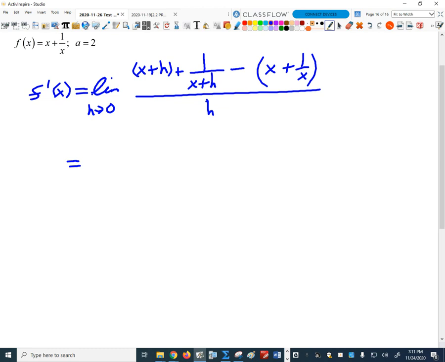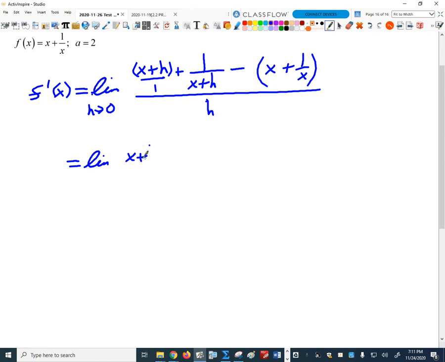So we've got to get a common denominator of x plus h. So I'm going to multiply this fraction by x plus h over x plus h, and I'm going to get x plus h squared.